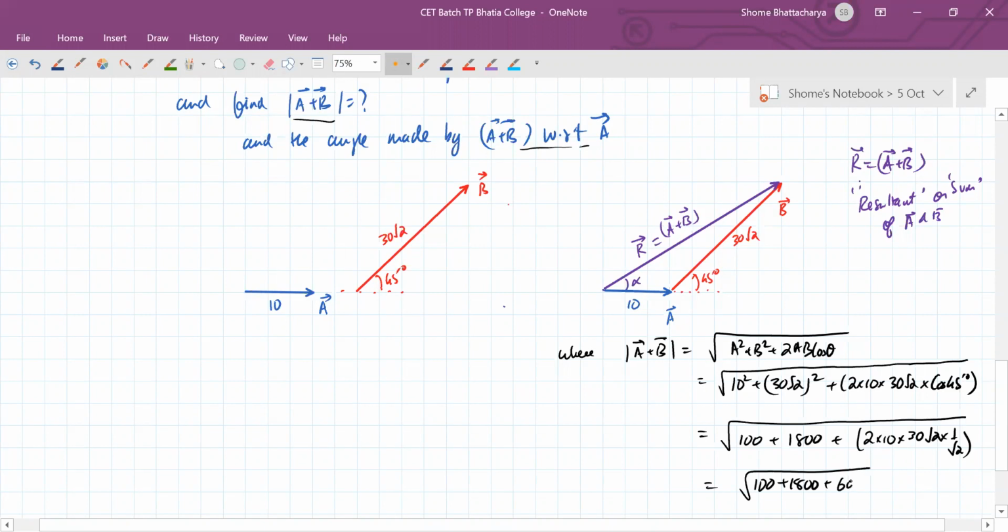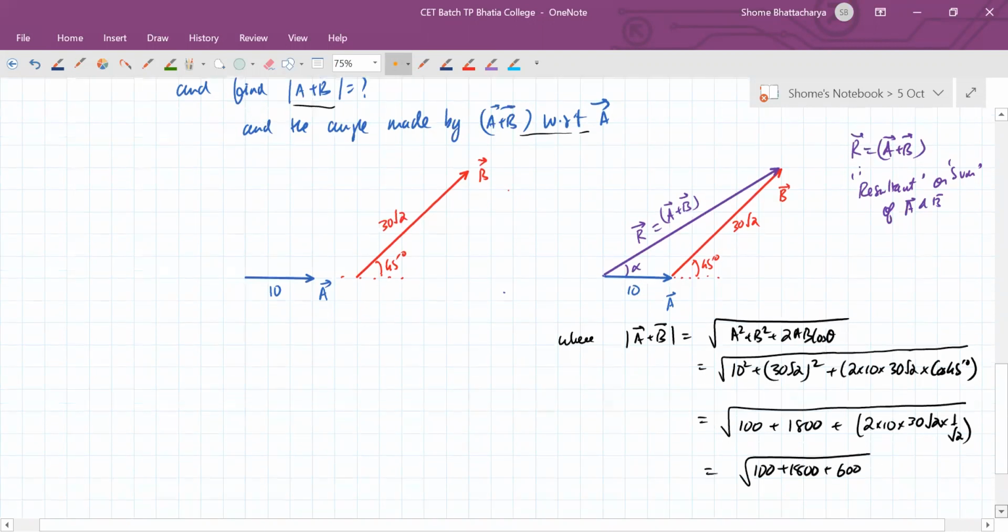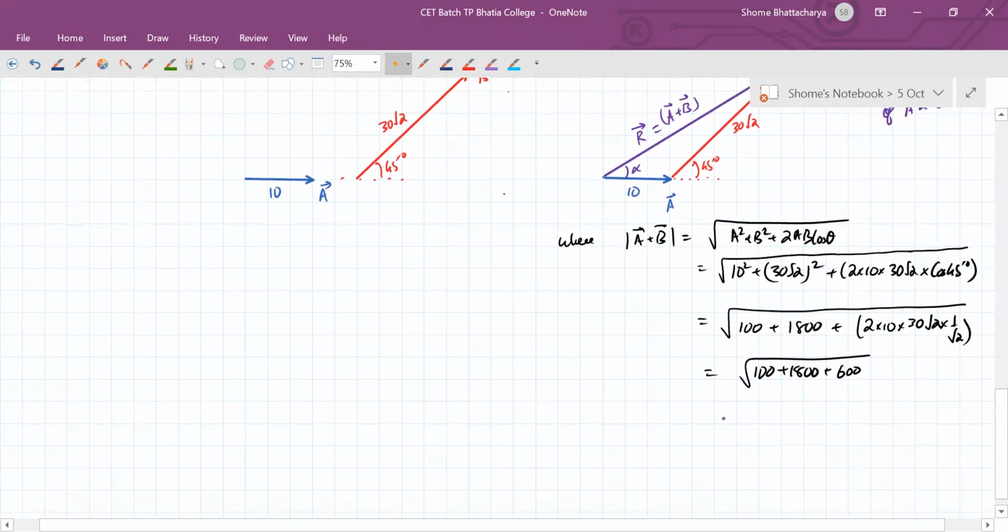So that's 600. That becomes square root of 2500, which is 50. So magnitude of A plus B becomes 50.